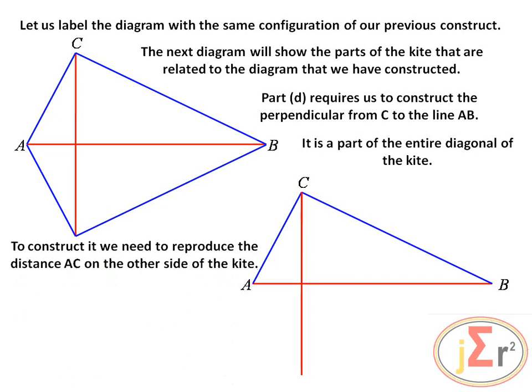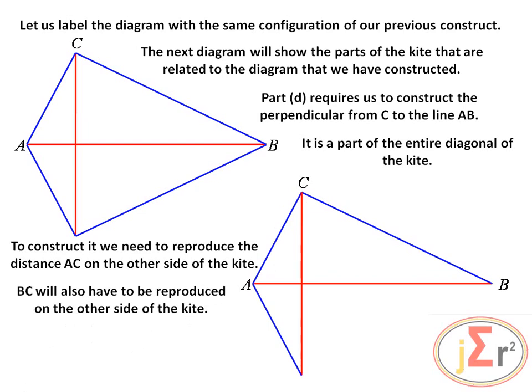To construct it, we need to reproduce the distance AC on the other side of the kite. That is what we need to do. So in order to draw this line successfully, we need to complete the kite. In order to complete the kite, we need to take AC and reproduce it here, which is the same length. So AC, the same length as AC, is going to be reproduced right here, like that.